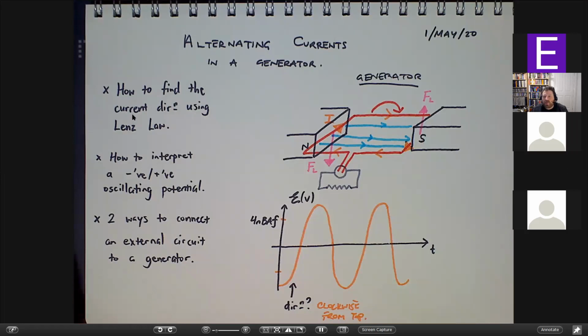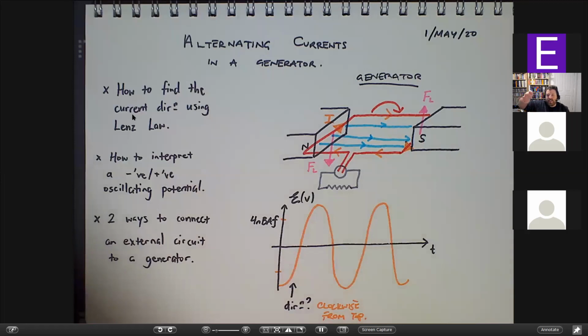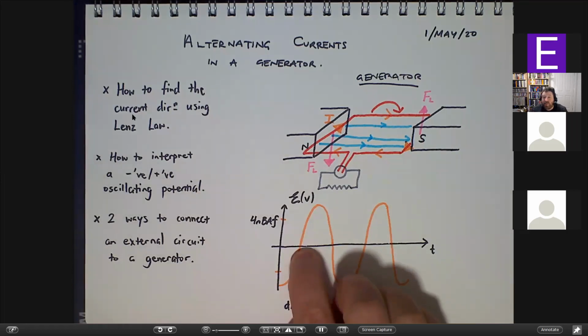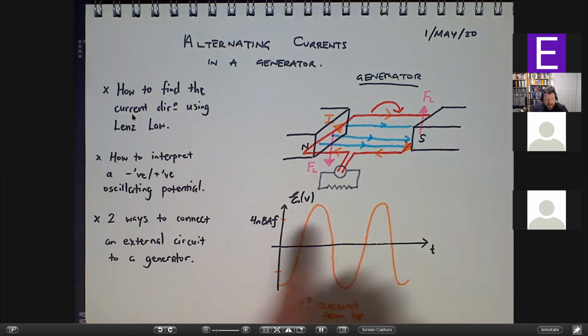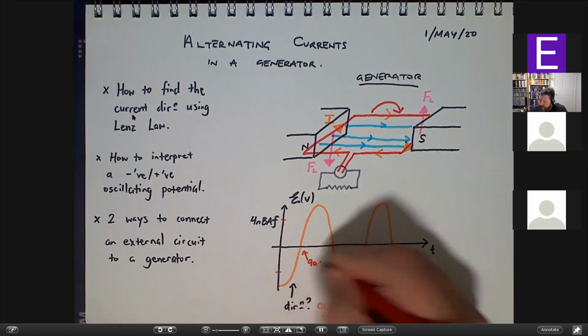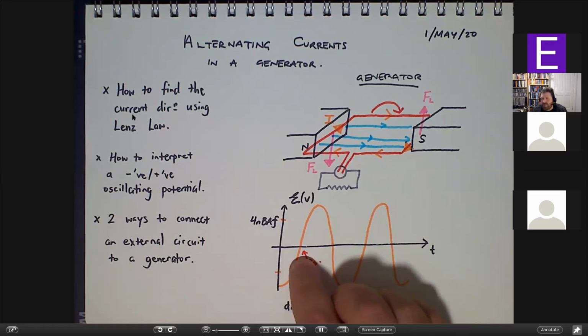Now, of course, when the loop gets to 90 degrees, there's going to be no EMF in there. So when we have maximum flux, at 90 degrees, that's when we have no EMF at all. And then notice that the EMF flips sign.